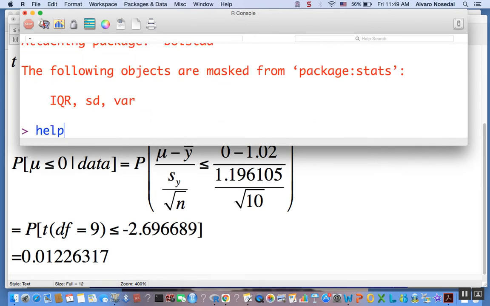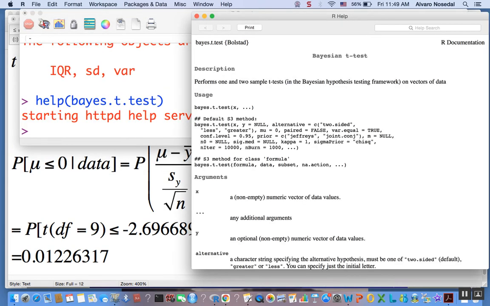Now, the function that we want to use is base.t.test. If you want to learn more about that function, just type help and then brackets base.t.test, and you'll see the syntax of the function.